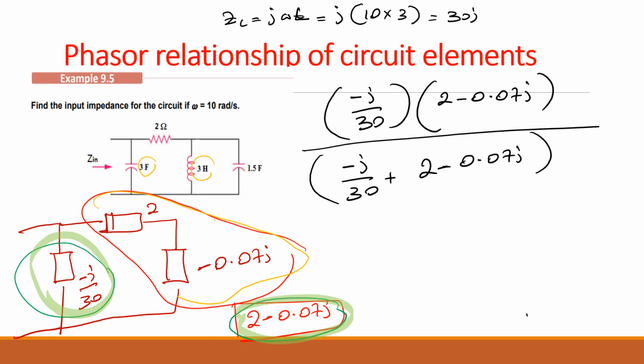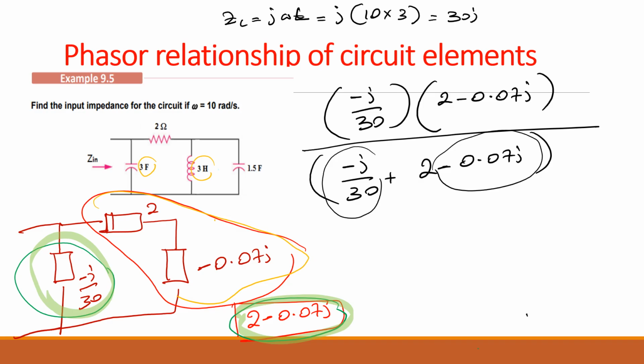You can find 1 over 30, what is it? Yes, so you have 0.0. So these two are negative. So you can add them together plus another 0.07, which is 0.1.